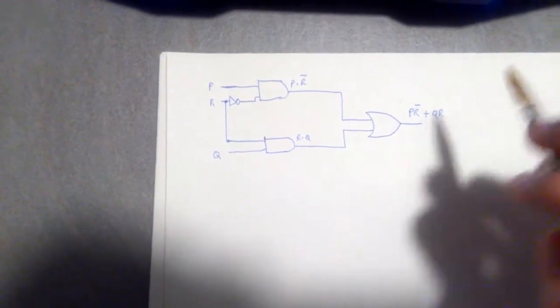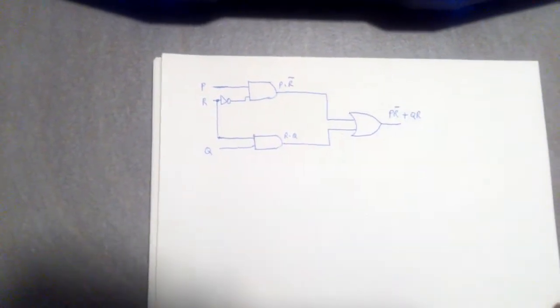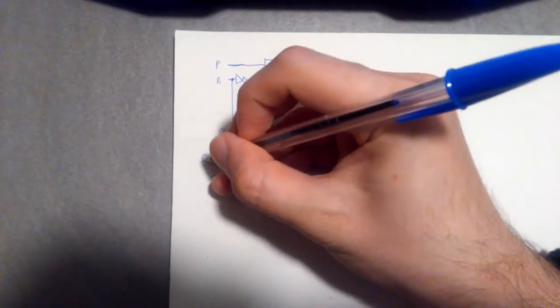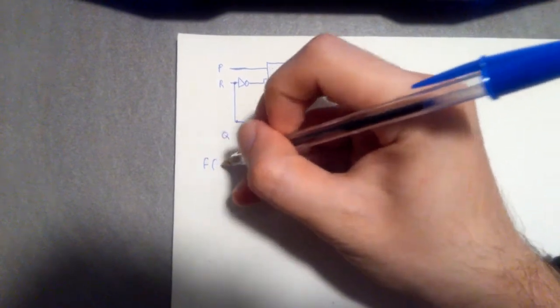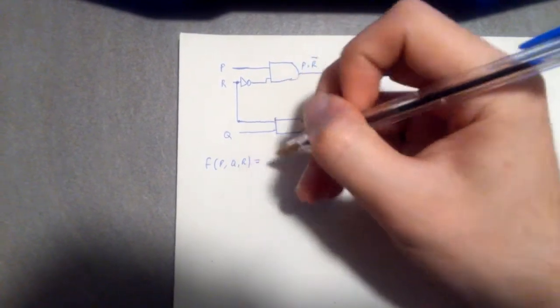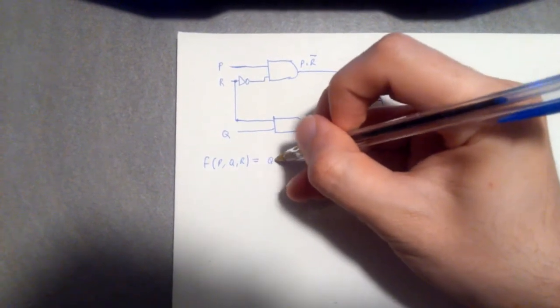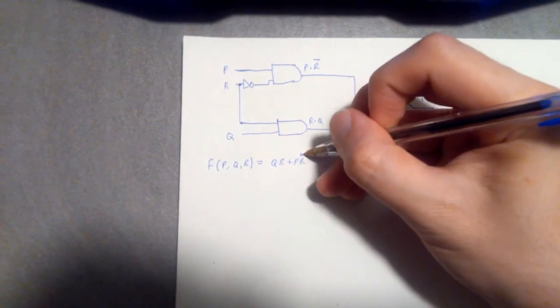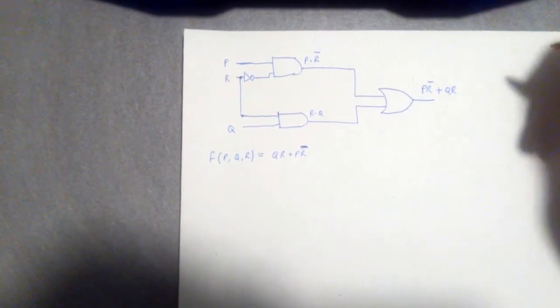So this one here would actually be our function. We can write this as f of P, Q, R equal to QR plus P R naught. It is as simple as that.